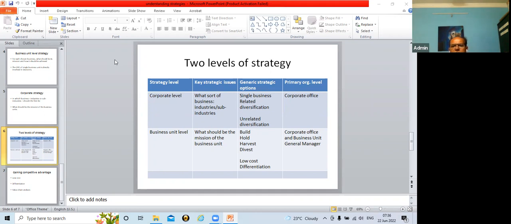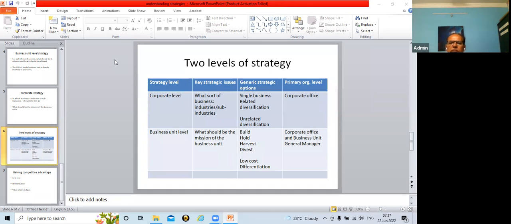Some businesses have diversification into other areas. Now, what is diversification? Doing business in different areas. They diversify their funds from one area to another.